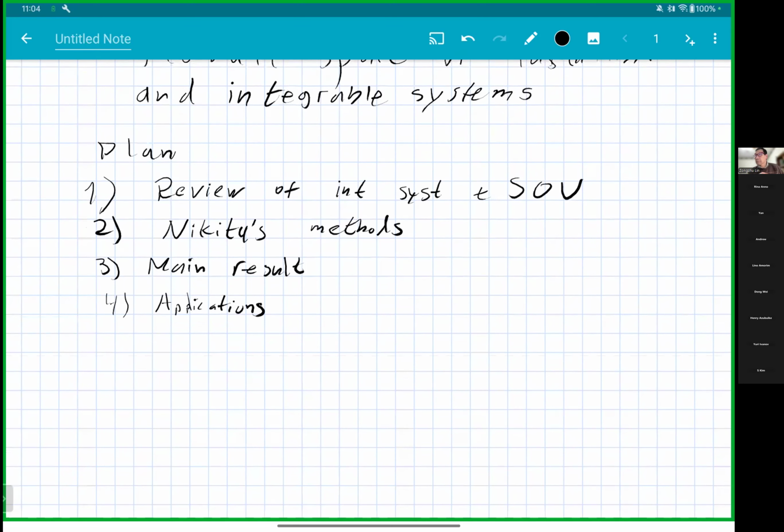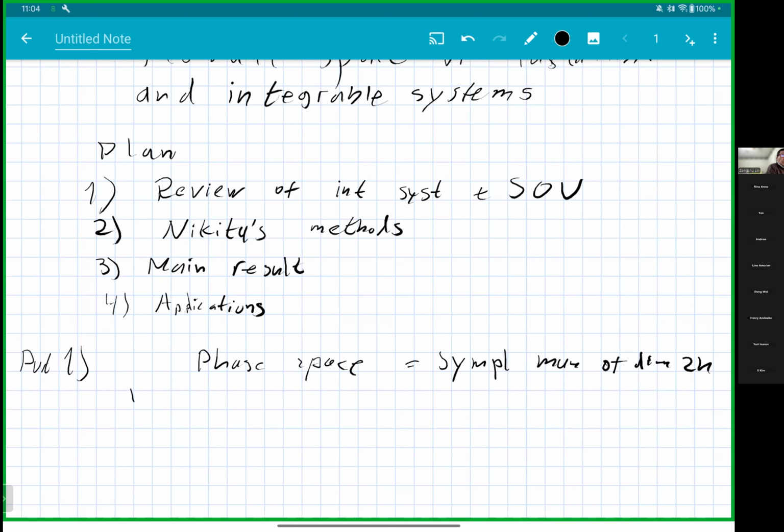First of all, what is an integrable system? Part one. The classical integrable system is a phase space, which is a symplectic manifold, say of dimension 2n, and a set of n functionally independent Poisson commuting functions on it.